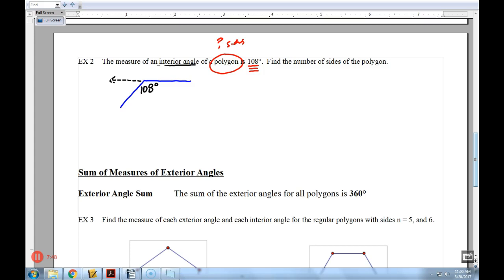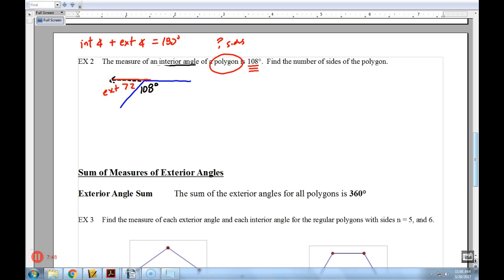The interior angle plus the outside angle should add up to 180 degrees, because you have a straight line right here. So if that inside is 108, this outside is 72. That tips us off onto what an exterior angle is. This would be called the exterior out here.